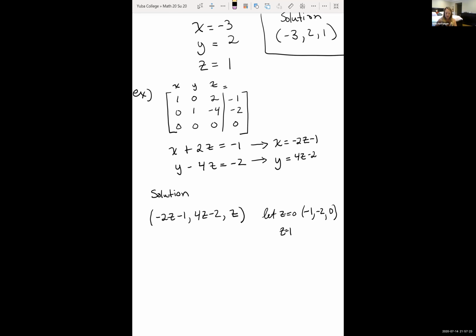So there's an infinite number of values you can choose for z, and x and y are dependent on what you choose z to be. So if it was 1, we get -3 for our first term. 4 times 1 is 4 minus 2 is 2 for our second term, and z was 1.